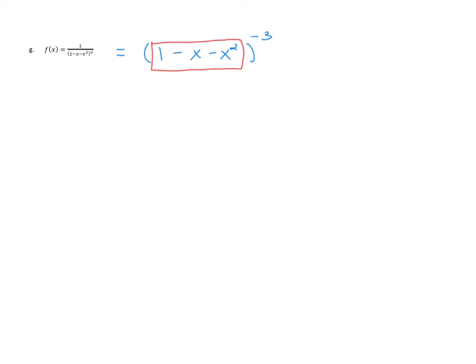We bring the negative 3 down front, copy down the inside part, subtract 1 from the exponent, but by the chain rule, I need to multiply by the derivative of this thing. The derivative of 1 is 0, I won't write it. Then we have minus the derivative of x, so we get minus 1, and minus the derivative of x squared, which is 2x. And that's the answer.